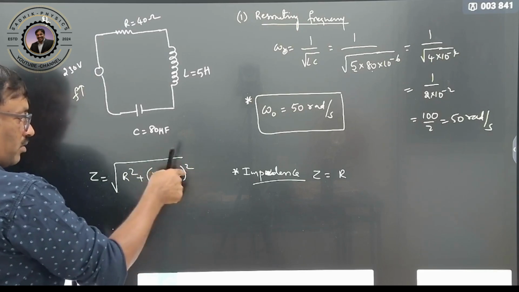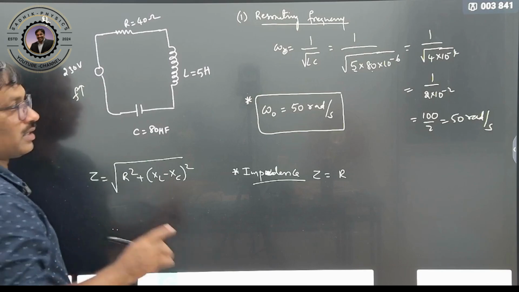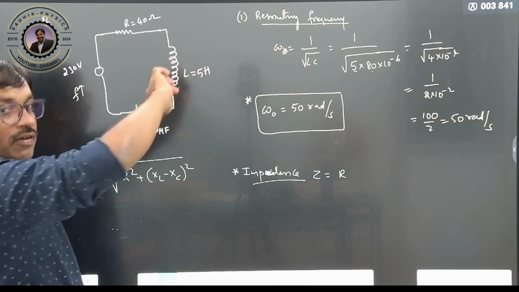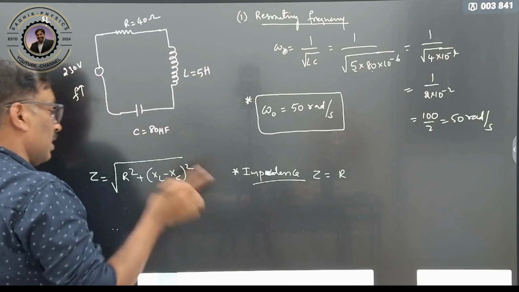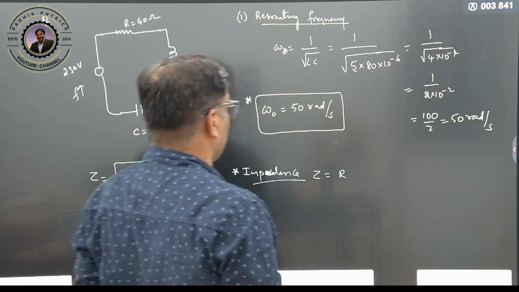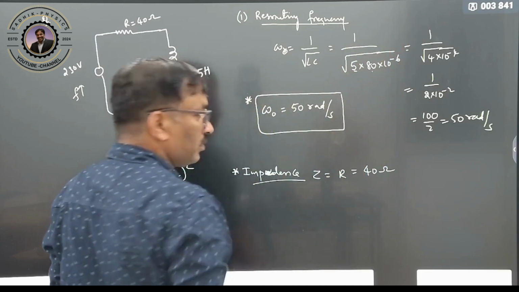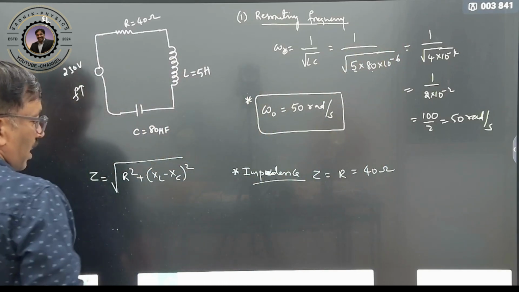Both XL and XC are equal, so impedance will be nothing but the resistance at this point. If any other frequency is there, it is not the resonating frequency, so impedance will not be equal to R. Here impedance is 40 ohms. Clear?